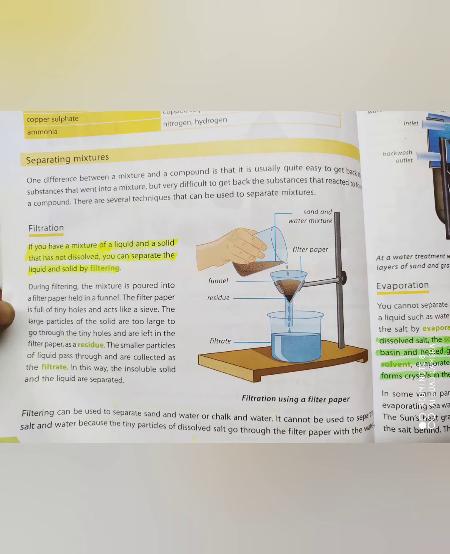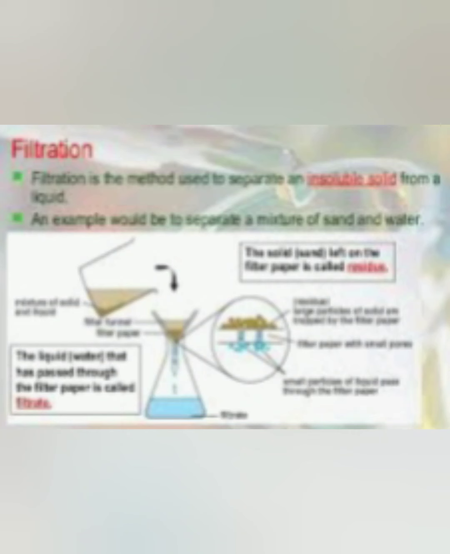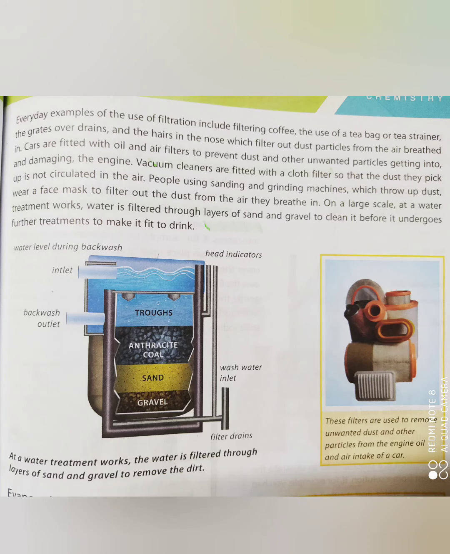Here in filtration, a heterogeneous mixture is separated. The insoluble solute is filtered through a filter paper in the lab, but at home or in a water filtration plant, where we are dealing with a large amount of solution, with a large amount of mixture, solution is a type of mixture actually, then we have to use these types of plants, filtration plants.